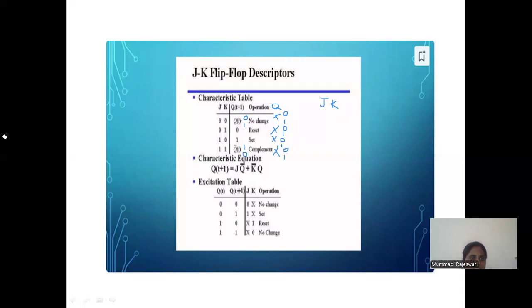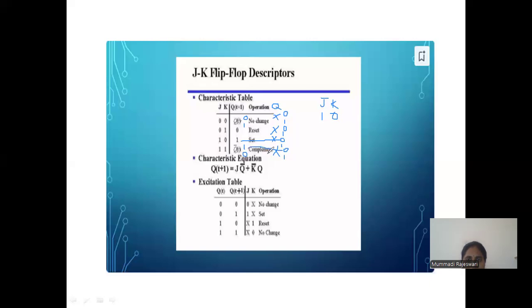See the next condition, when Qn is equal to 0 and Qn+1 is equal to 1. That means 0, 1. We are getting one condition here, 0, 1, and here also one more condition is there.